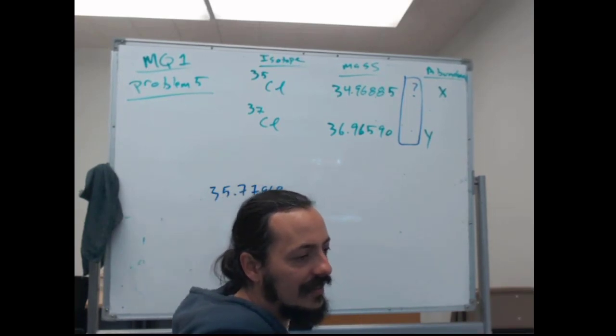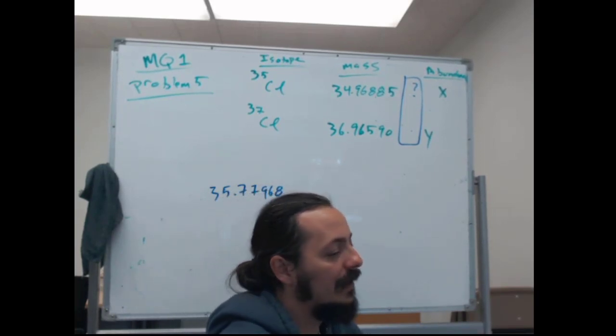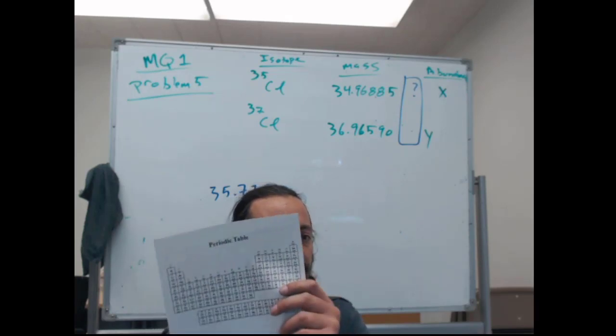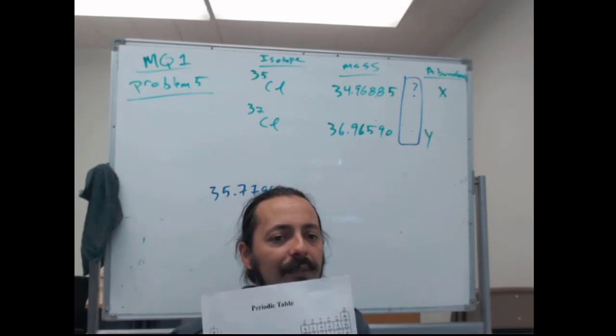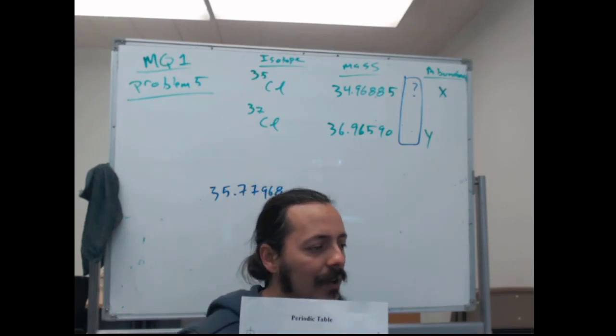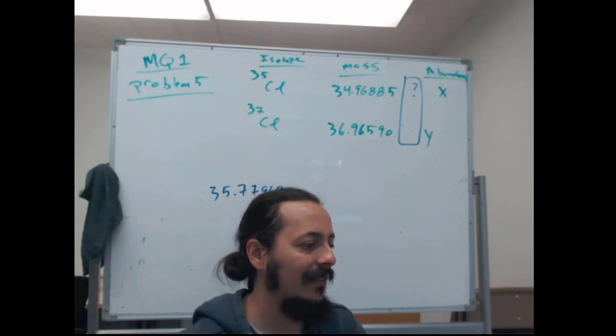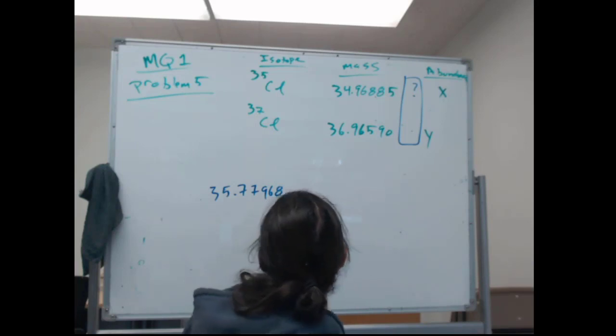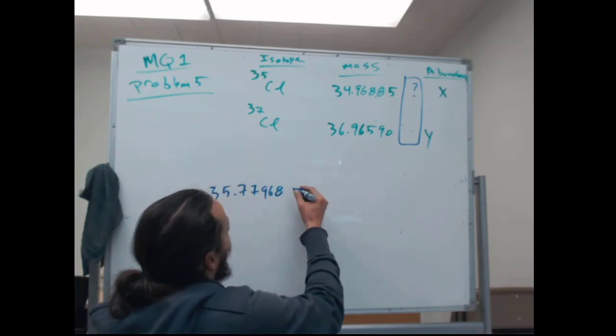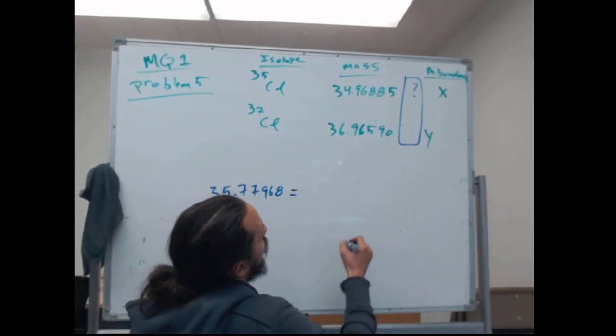where we would use the periodic table to get the atomic mass or the molar mass of chlorine. But to make it more interesting, we're using a somewhat randomized number, pretending like we're in a different part of the universe. So we're going to use the number that's given to us. In this case, it's 35.77968 grams per mole.